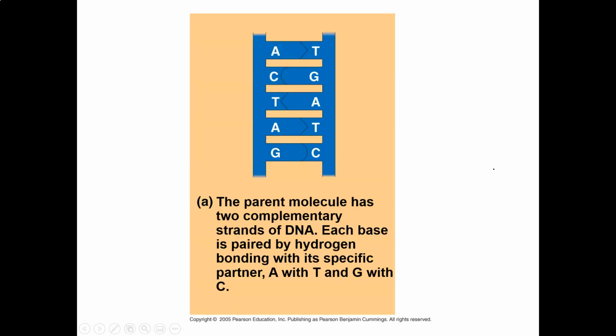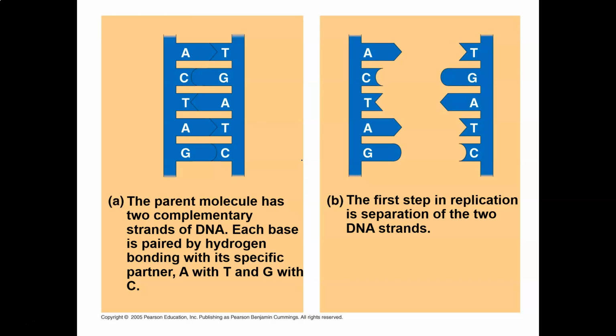So here's a picture of the parent molecule. See, it's got two strands, base pair rule, very simple. You want to copy it, which you need to do during, remember, the S phase of the cell cycle. That's when you would synthesize new copies of DNA. So you first have to separate the two strands. Again, that was by breaking hydrogen bonds.